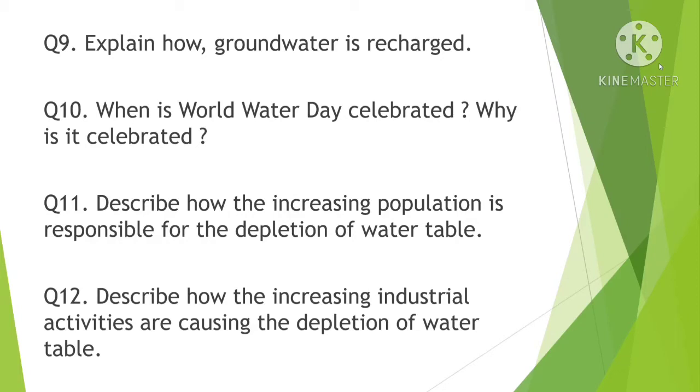Now this water keeps on seeping deeper and deeper until it reaches a layer of the soil or the rocks that are impermeable. So the water starts collecting over it and recharges the groundwater.